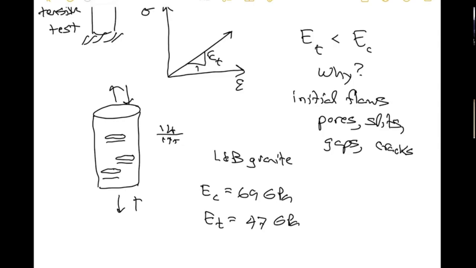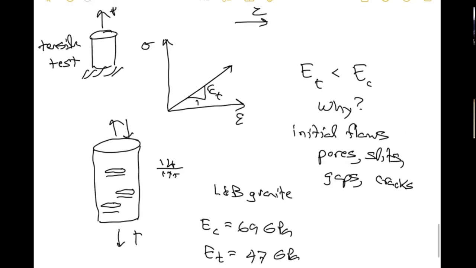Notice one thing right away. If you have a material that has gaps and things, and it starts to change when you squeeze it, that means it's not the same material. It really isn't obeying linear elastic isotropic behavior. If it's a theoretical linear elastic isotropic material, nothing changes when you squeeze it or pull it because it's isotropic.